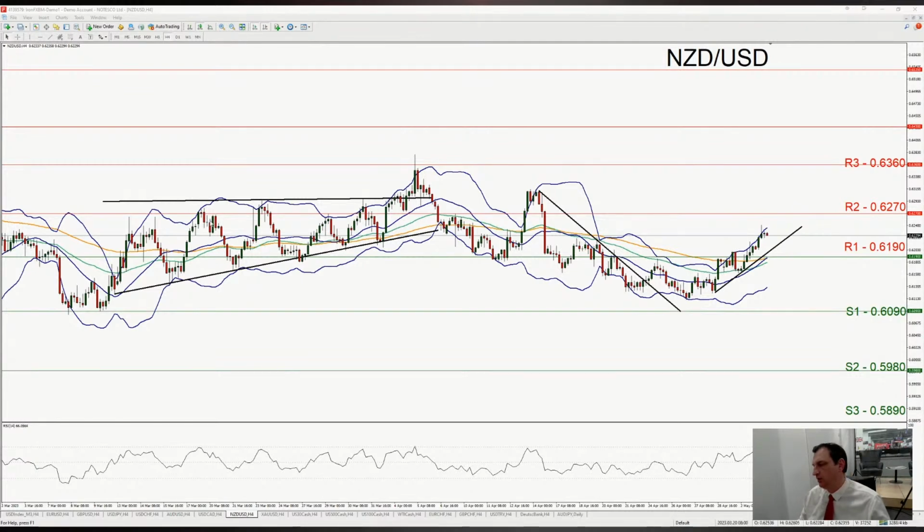Yep, we'll discuss them later. For the time being, let's correct the labels, starting with the R3, which is now being placed here, the R2, the R1, the S1, the S2, and the S3.